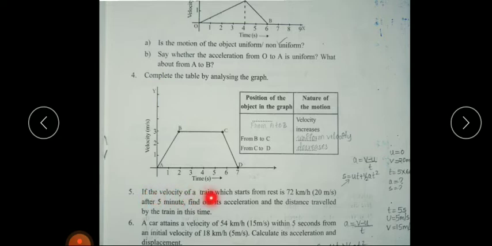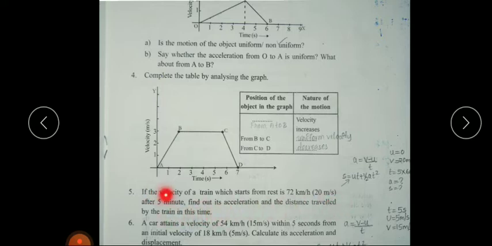Next question. If the velocity of a train which starts from the rest is 72 km per hour, given in meter per second also, after 5 minutes find out its acceleration and the distance traveled by the train in this time.